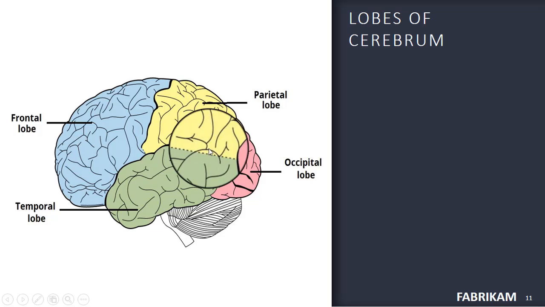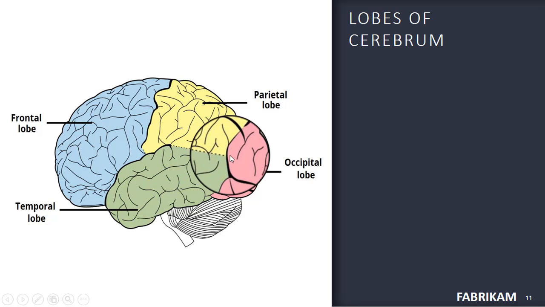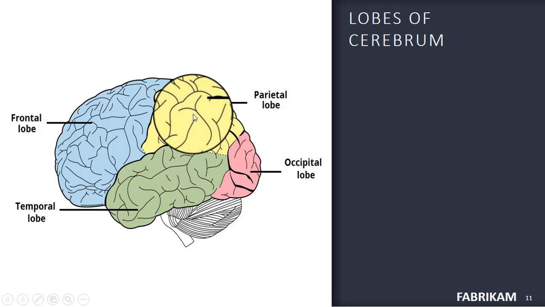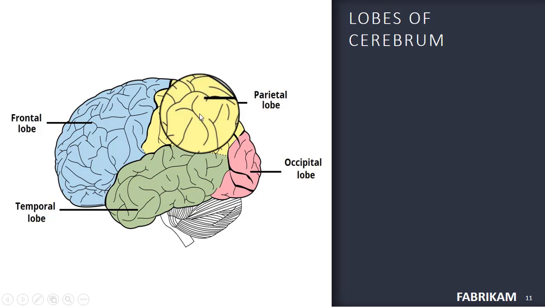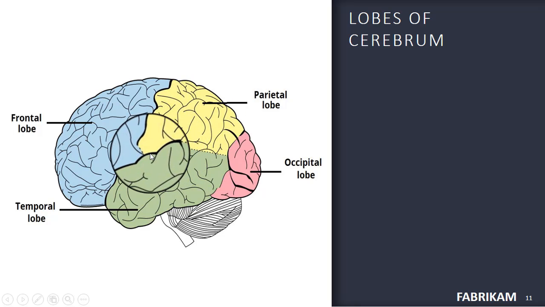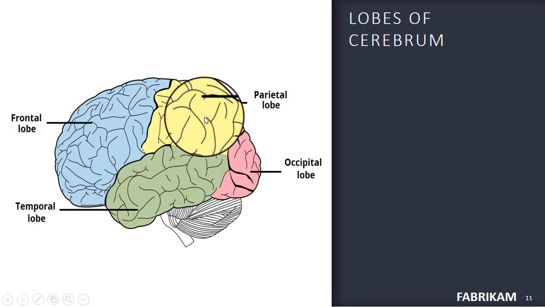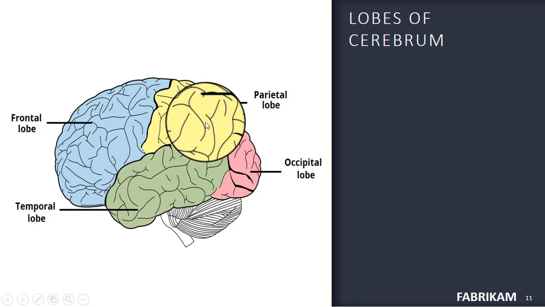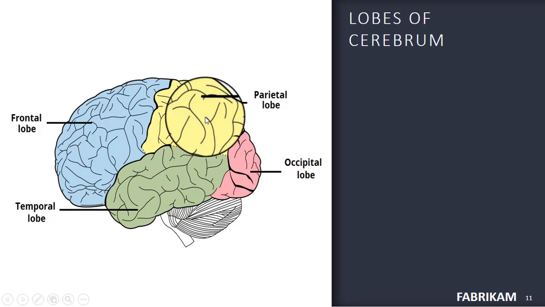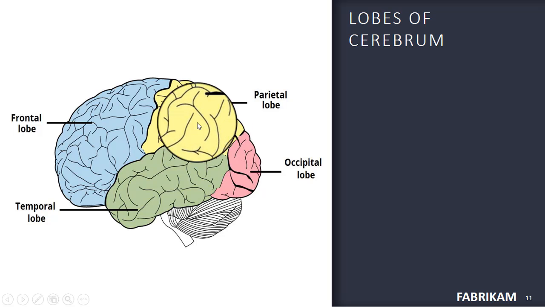It sits superiorly in relation to the temporal lobe, being separated by the lateral sulcus. Its cortical association areas contribute to the control of language and calculation on the dominant hemisphere side, and to visuospatial functions. So this was all about the parietal lobe.